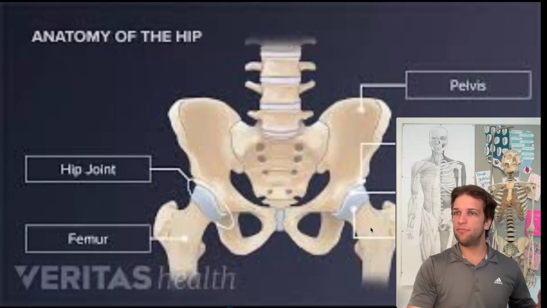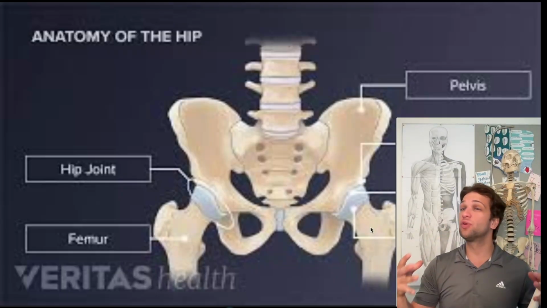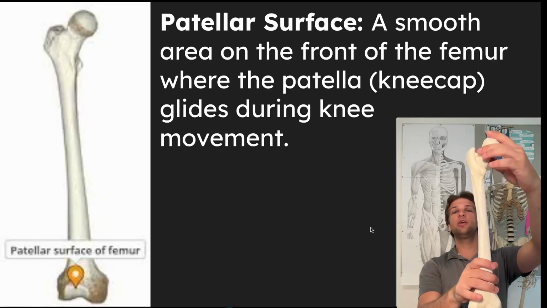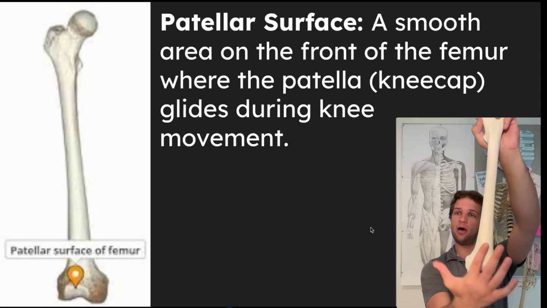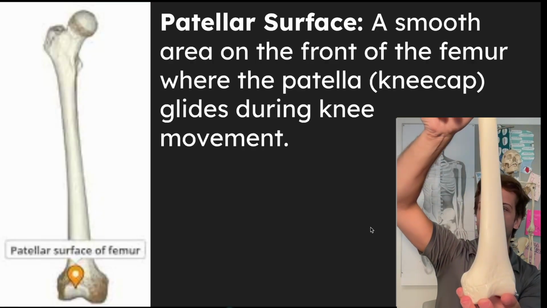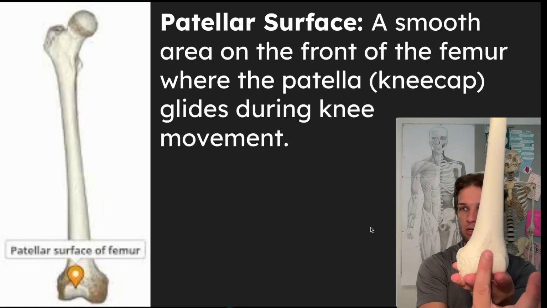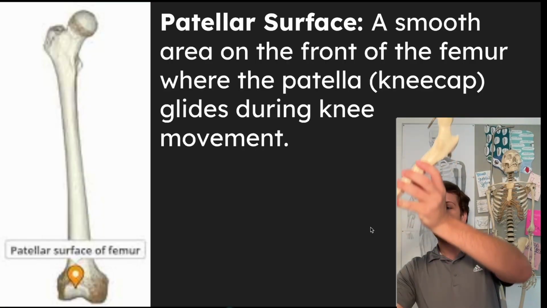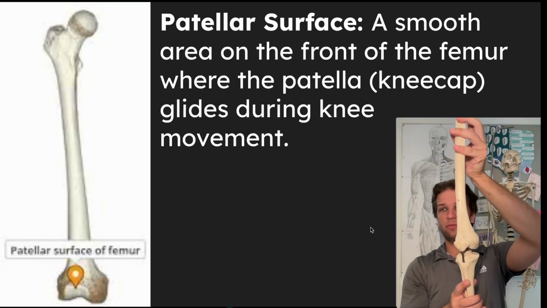And so our hip fitting into our acetabulum, that's really the big piece we want to know for how that connection works. We then go down to our lower section of our femur, the distal part of the femur. And if you look right here, this is what is called the patellar surface. And so we'll look at it on a real bone, right?